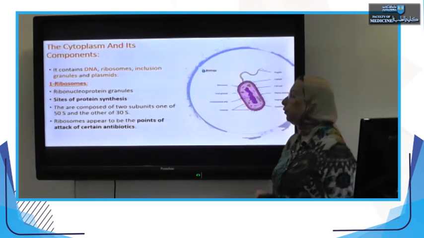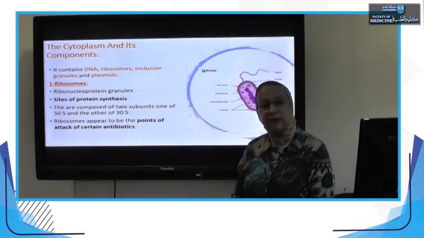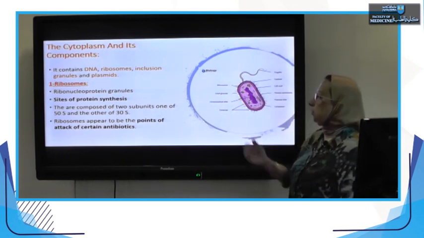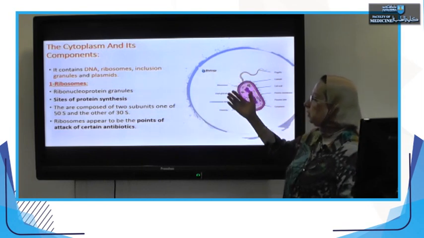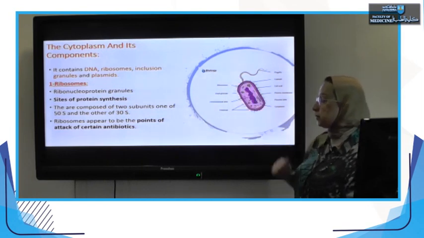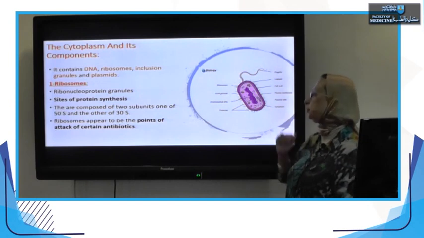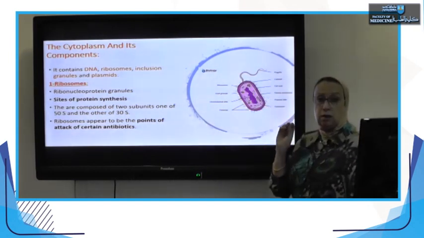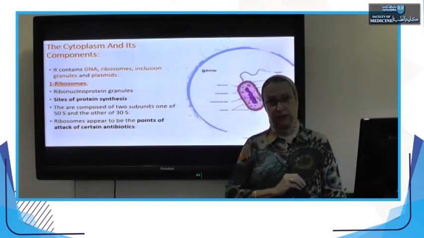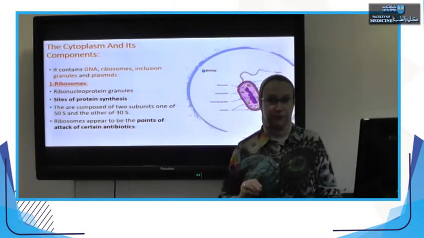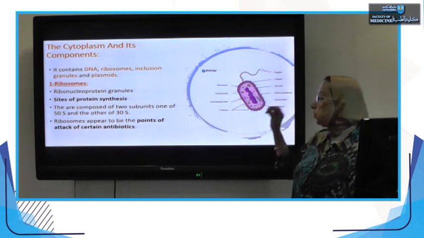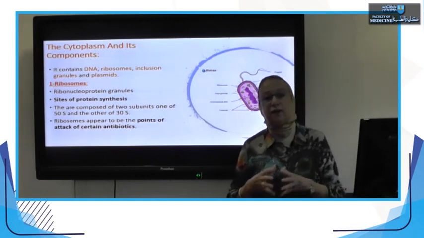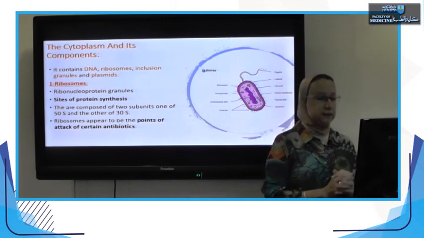Now what about the intracytoplasmic structures, the internal structures? These are DNA, ribosomes, inclusion granules, plasmids, and the nucleoid. The ribosomes are the site for protein synthesis in all cells. And ribosomes in bacterial cells are of a different configuration from those in the mammalian cell.